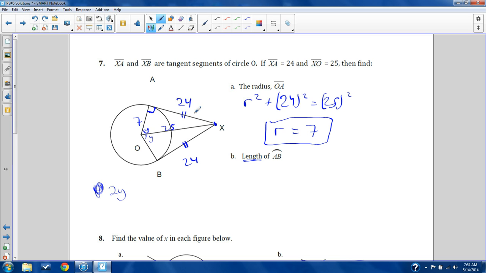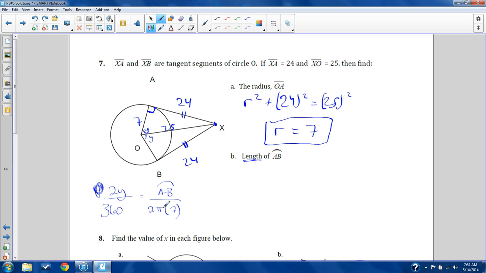Setting up a proportion right now, before I even begin finding that angle: the central angle over 360 is equal to the length of the arc we're trying to find over the circumference of the entire circle. The circumference is 2 times pi times your radius, which is 7.